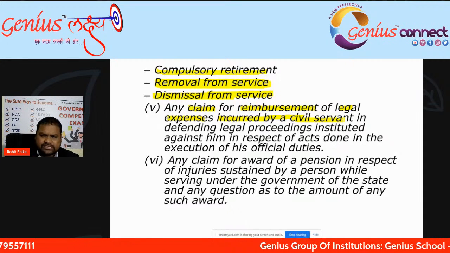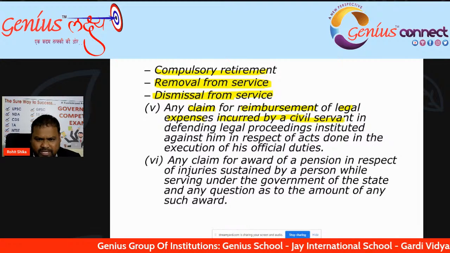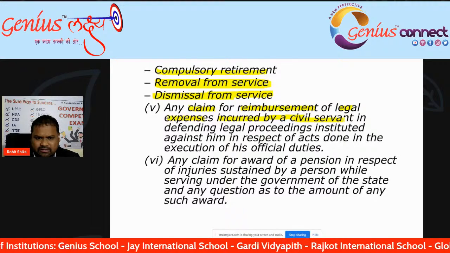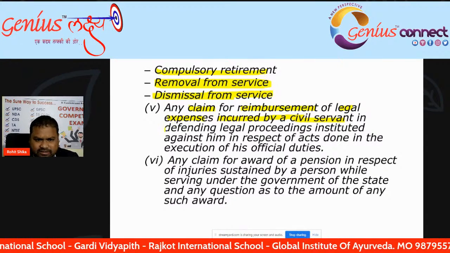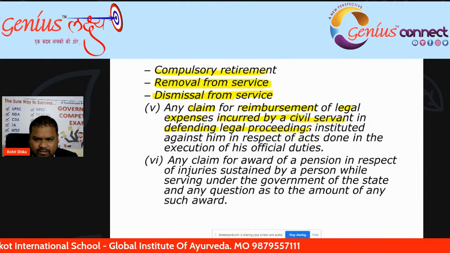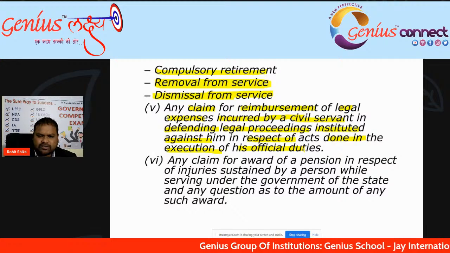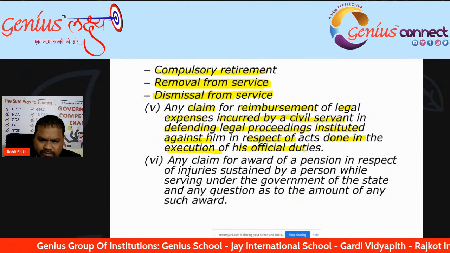For example, a civil servant has spent some amount of money for the legal matter during defending legal proceedings instituted against him in respect of acts done in the execution of his official duties. These are taken care of by State Public Service Commission.